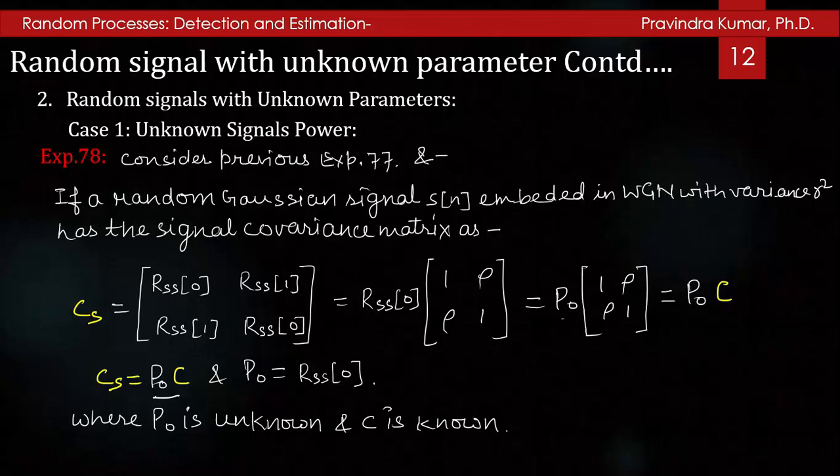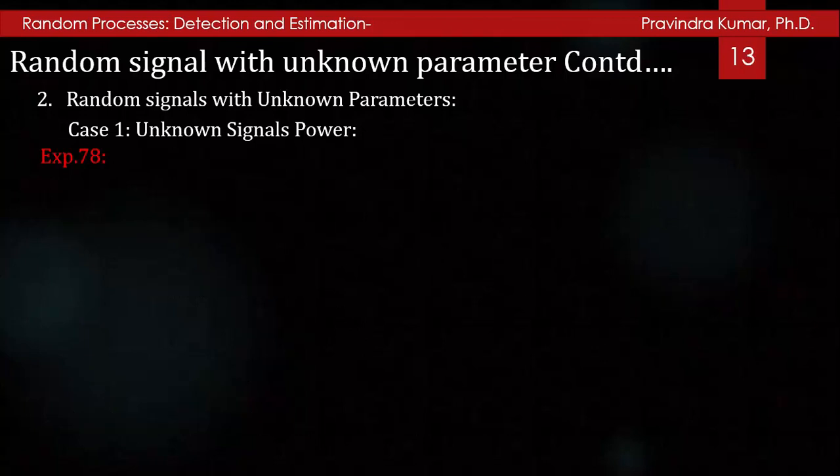Find the equation to minimize that gives the MLE for P0 or RSS0, and we know the signal covariance matrix.